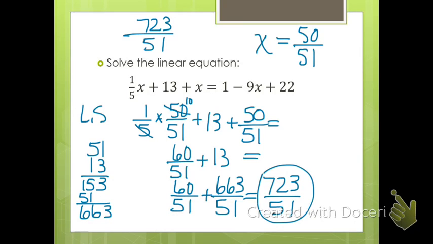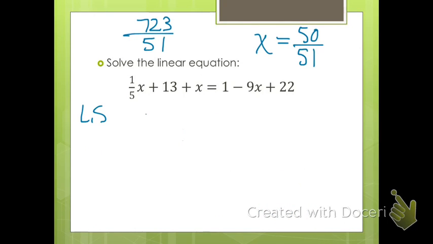So now let's check the right side. Okay, so I'm checking the right side now. So I've got 1 minus 9 times 50 over 51 plus 22.